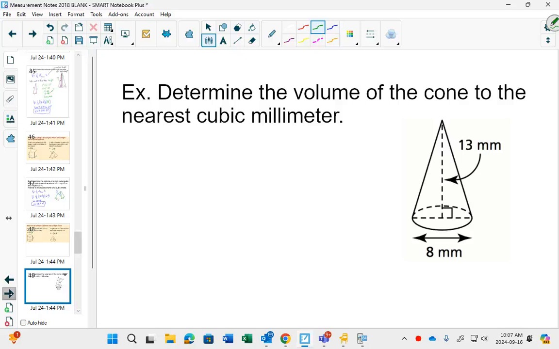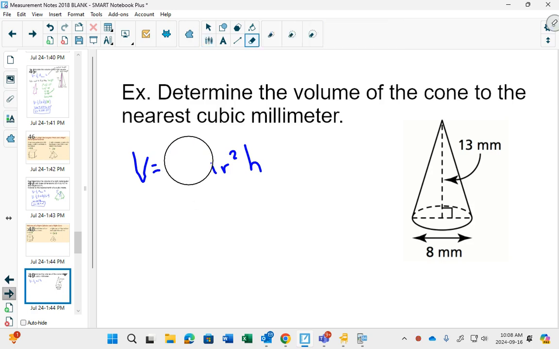So again, we go to our formula sheet, and then make sure it doesn't say area. Something on your formula sheet for the cone.